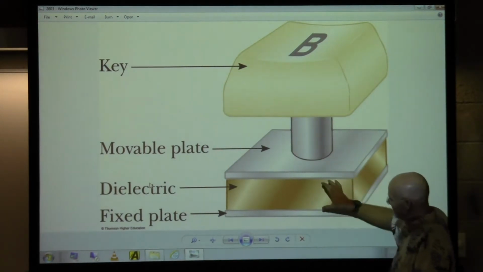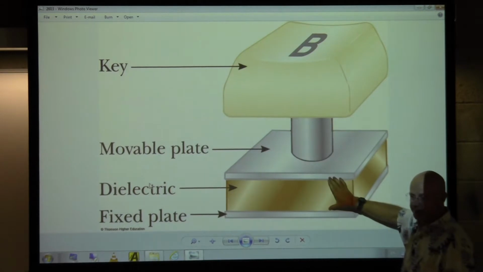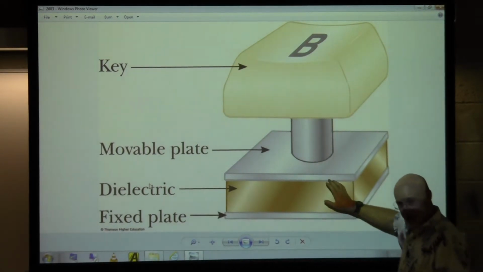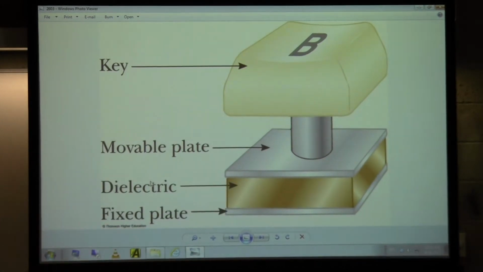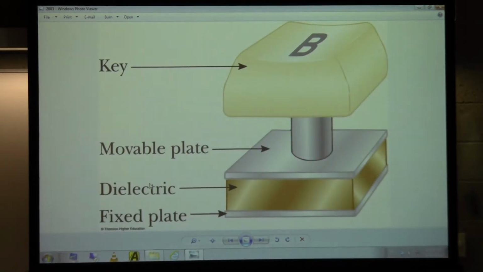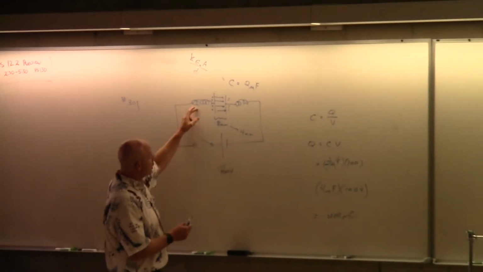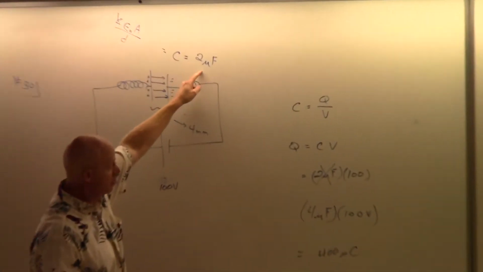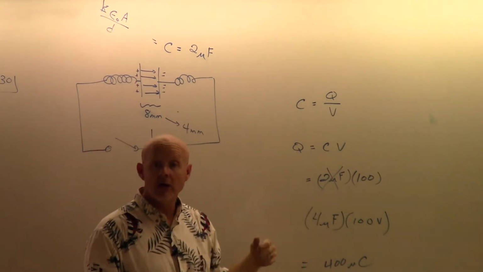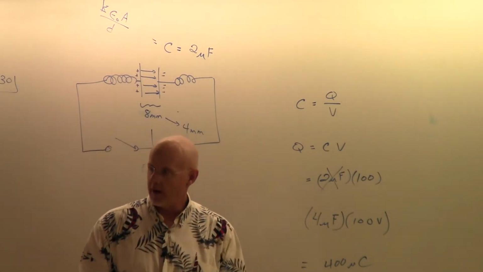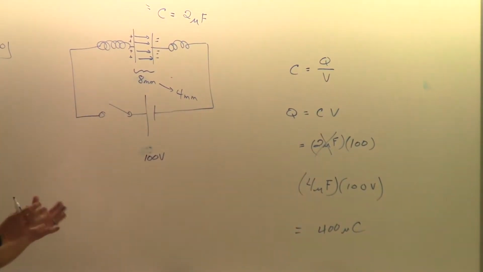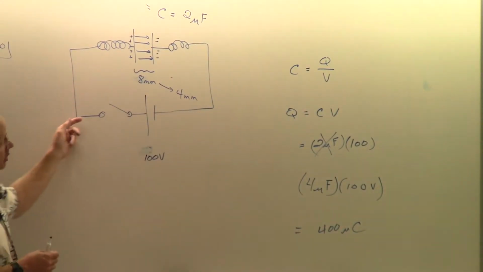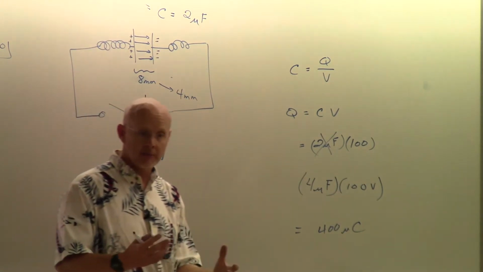Well, below it is a capacitor, and your pushing squeezes the plates together. Now this one wasn't actually hooked to a battery, but let's say it was hooked to the battery, with the 2 microfarads, you would have 200 microcoulombs of charge on there. As soon as you tap on that key, the plates get closer, maybe by a factor of 2, then charge is going to flow onto that capacitor.